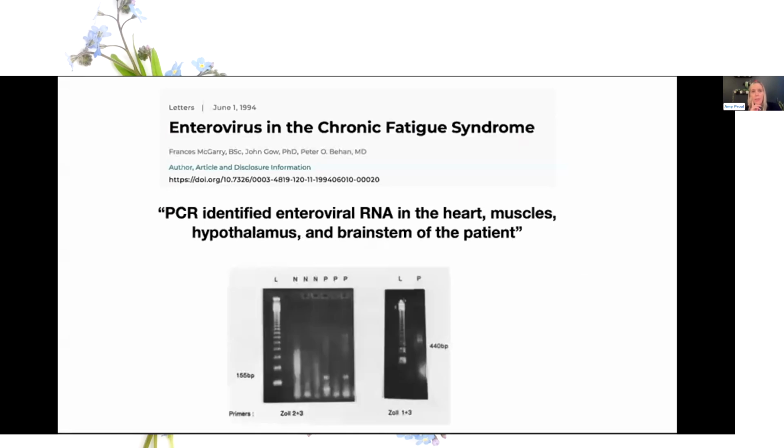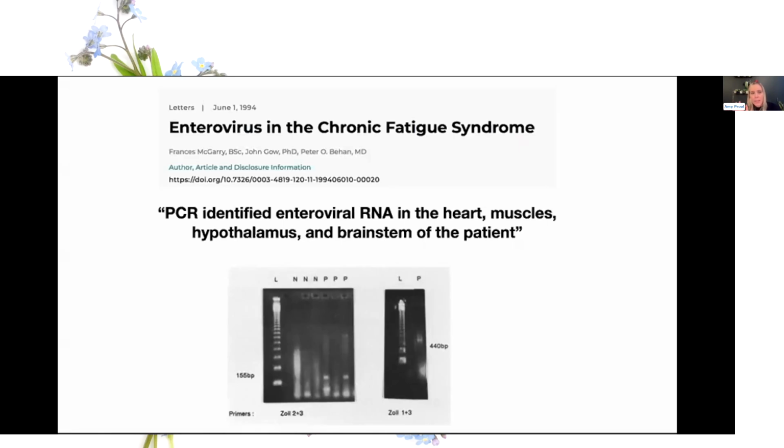So if you look back at the history of ME/CFS, which I think is really important, there was a time when the persistent contributions of enterovirus infection to ME were much more studied and much more documented. In fact, one really interesting study was done in 1994. It's an autopsy study, which we should do more of in ME.